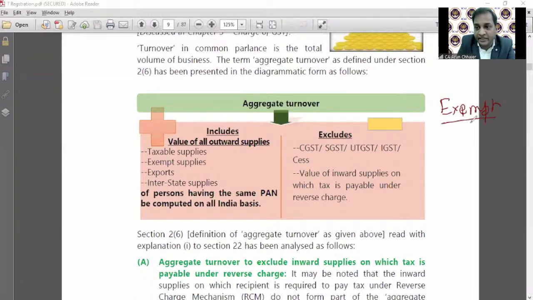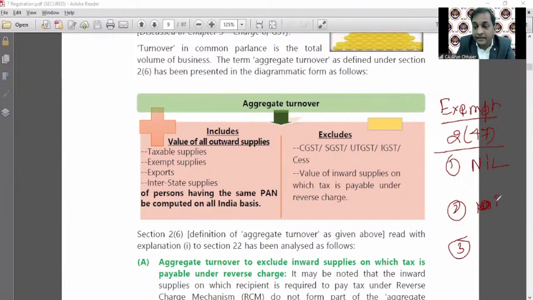what is the meaning of exempt supply? It has been defined in GST section 2 clause 47. It includes three things: nil rated supply, non-GST supply, exempted by way of notification, and third is non-taxable supplies.